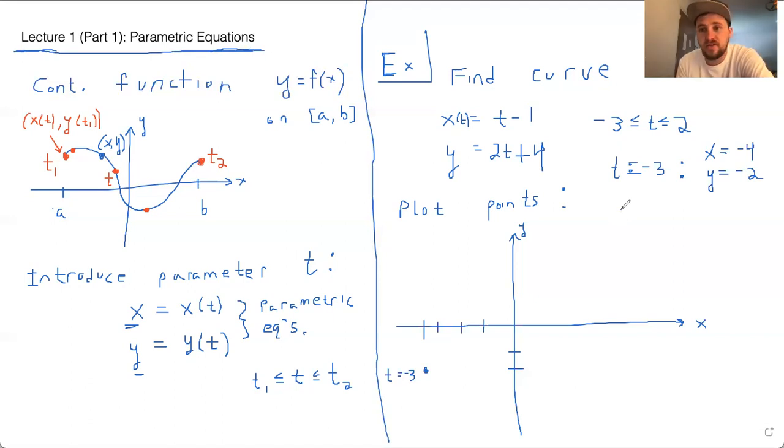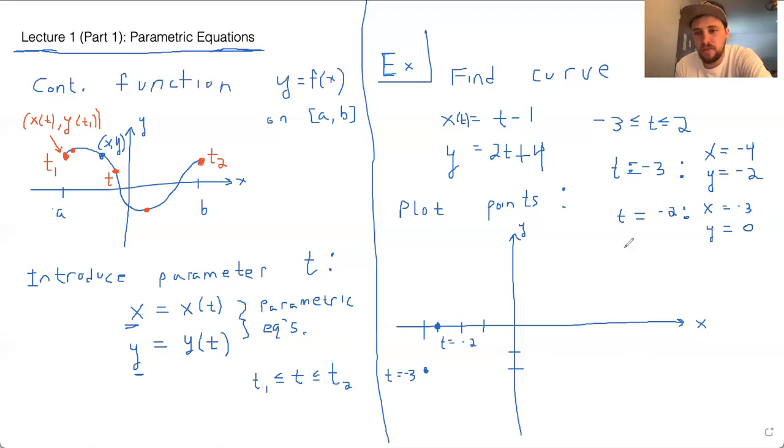Okay, and so let's look at the next point here. We could just pick some values that are relatively convenient for computation. So when we have t, we can just pick integers. When t is -2, x is going to be -2 minus 1, which is -3. And y is going to be, plug in -2, so -4 plus 4 is 0, right? So this is t equals -2.